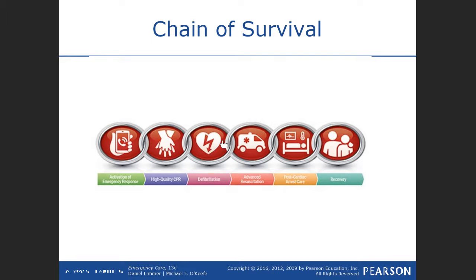And then the other links in the chain are rapid transport to the appropriate facility. And even in this day and age, sometimes it's not necessarily the nearest 911 hospital anymore. Sometimes even post-cardiac arrest, it's a matter of transporting him to a cardiac catheterization center.